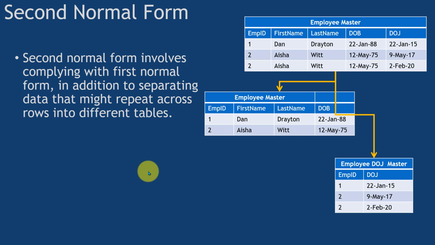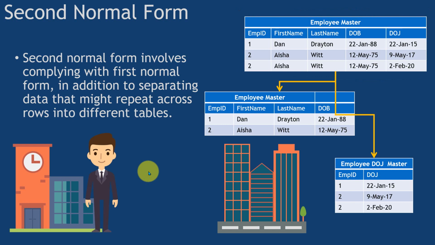Let's imagine, for example, you have an employee master which contains employee ID, first name, last name, date of birth and date of joining as five different columns. In most companies, they will switch an employee from one location to another. Or an employee resigns the job and after a few years comes back to the same company again.